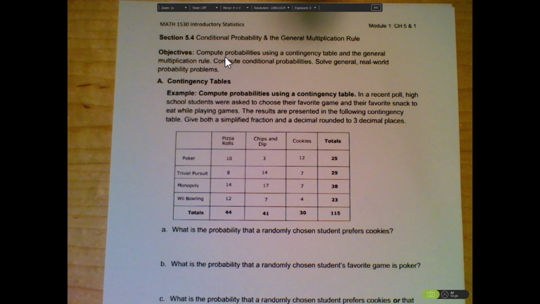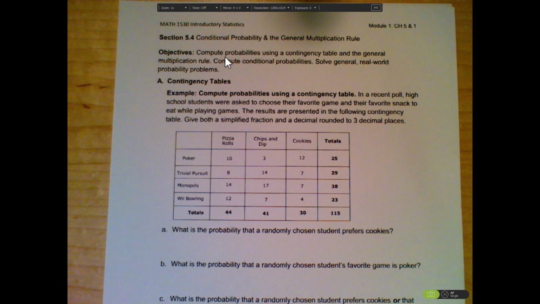In a recent poll, high school students were asked to choose their favorite game and their favorite snack to eat while playing games. The results are presented in the following contingency table. Give both a simplified fraction and a decimal rounded to 3 decimal places.